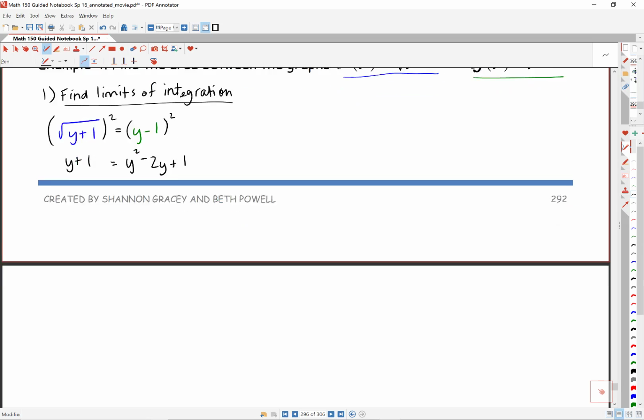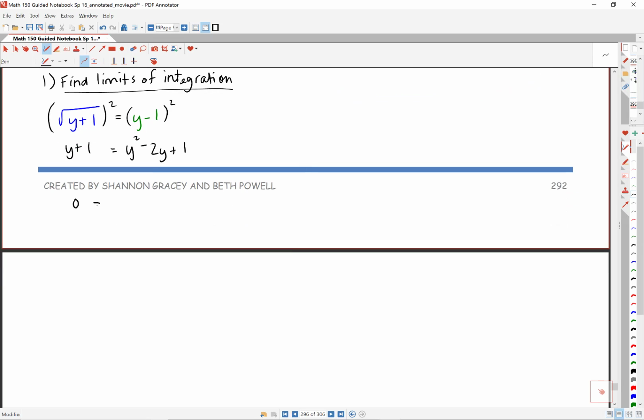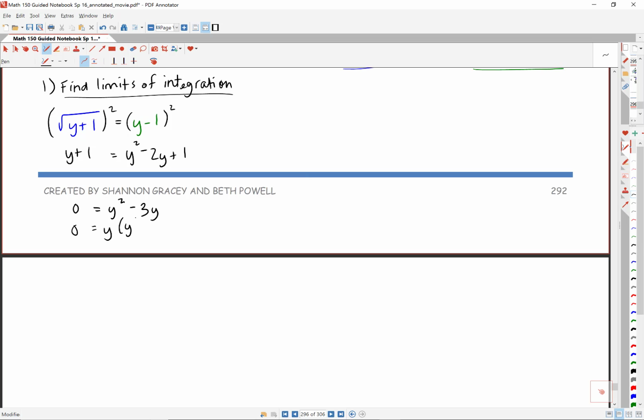And then we'll have 0 is y squared minus 3y, and the 1's will zero out. Factoring, we'll have y times y minus 3. So our limits of integration will be y is 0 or y is 3.